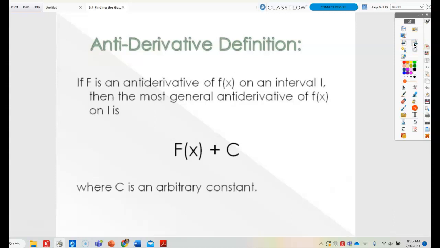If F is an antiderivative of f of x on the interval I, then the most general antiderivative of f of x on I is capital F of x plus c, where c represents an arbitrary constant. A simple reminder: our power rule.